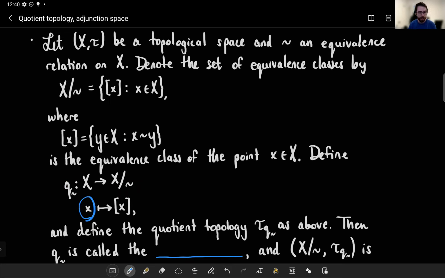You send every point in X to its equivalence class. Okay, this won't necessarily be an injective map unless your equivalence relation is like the identity map or something really simple. More than likely you'll have multiple points mapping to the same equivalence class is what I'm saying. So not injective, but it will be surjective by definition.